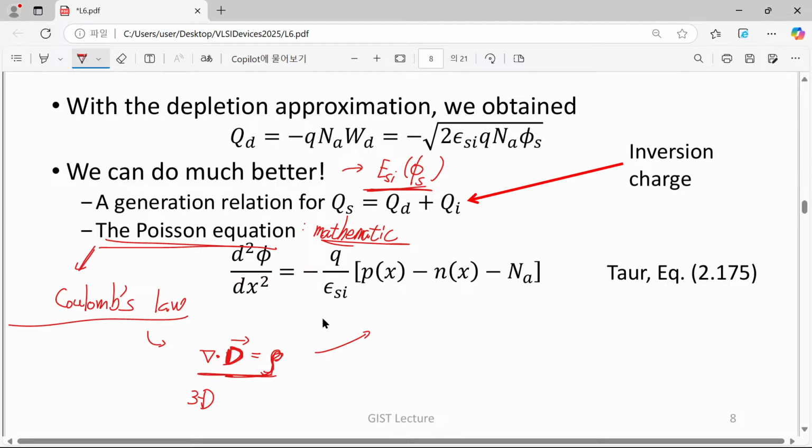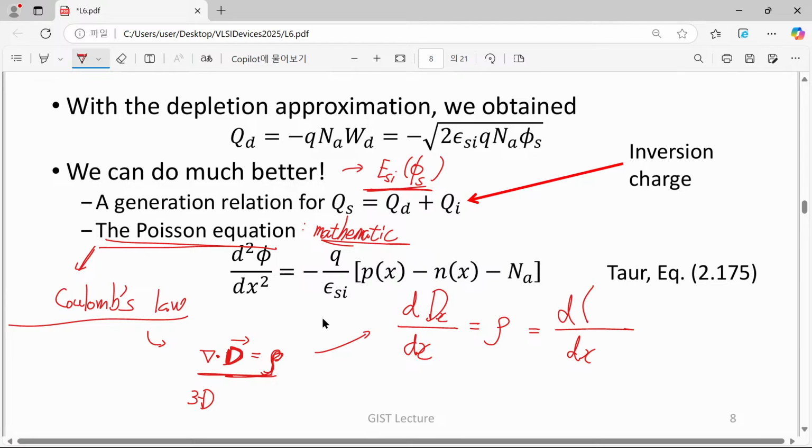So instead of this divergence of a vector, let me just write it this way: the x-directional displacement vector and its x-directional first order derivative becomes rho. So are you with me? And you know what the displacement vector is? This displacement vector can be obtained by the product between permittivity and electric field.